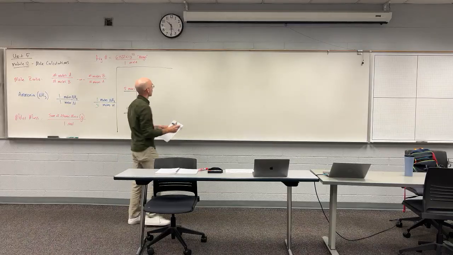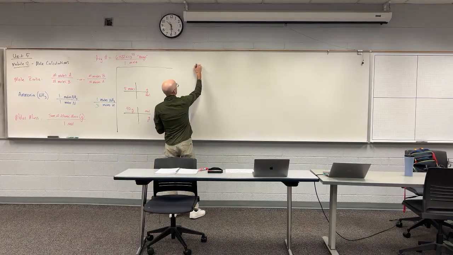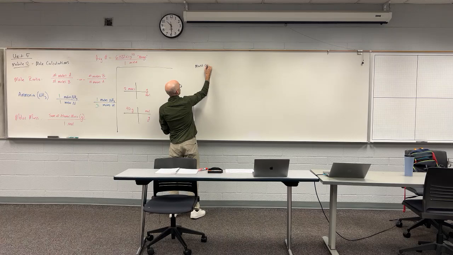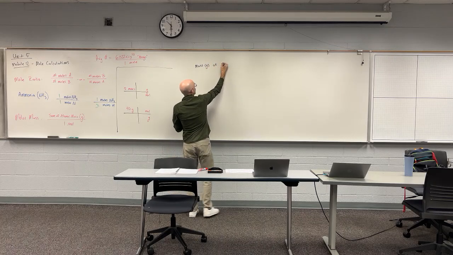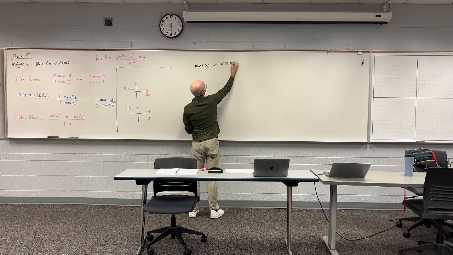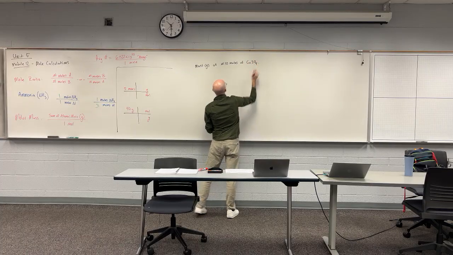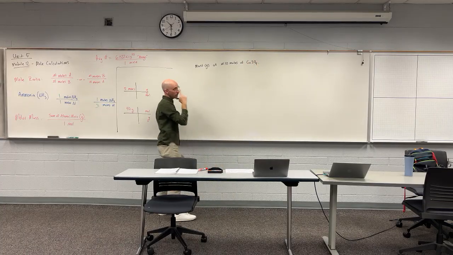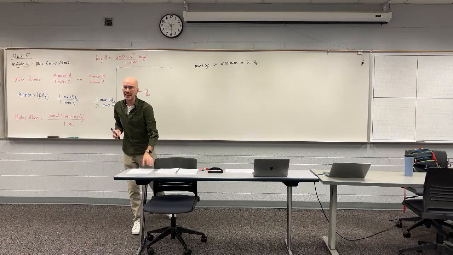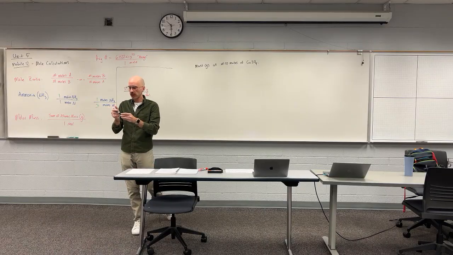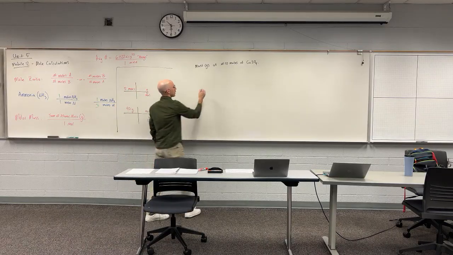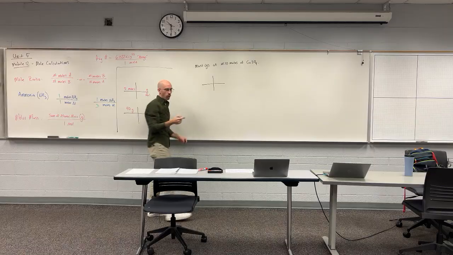Let's do step number 1. We want to find the mass in grams of 0.10 moles of copper sulfate. You can start anywhere you'd like to with conversions, but I like to start with what I know.